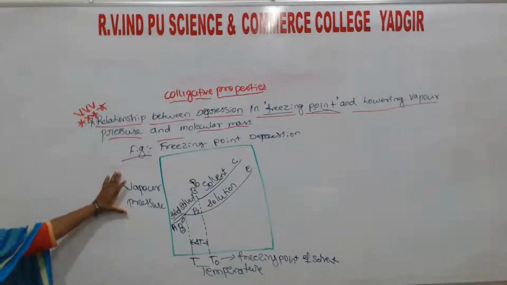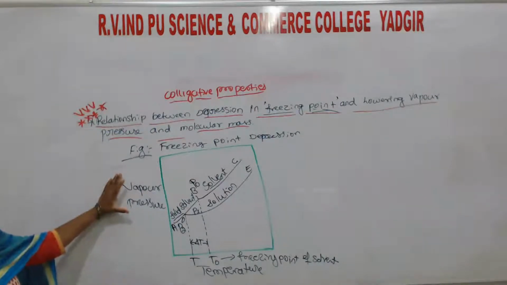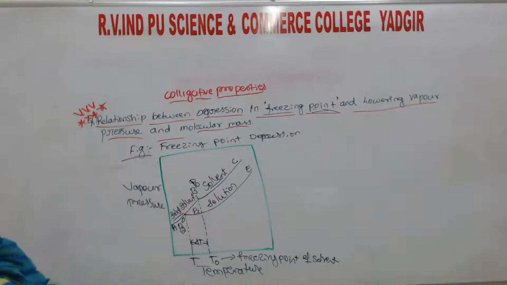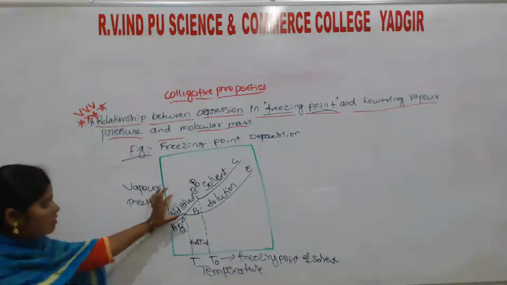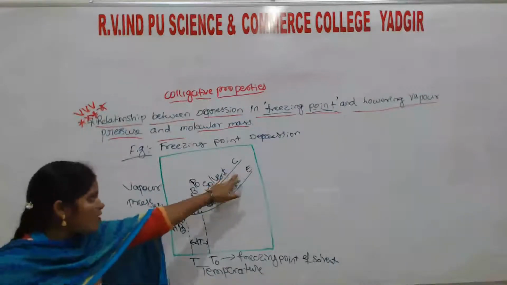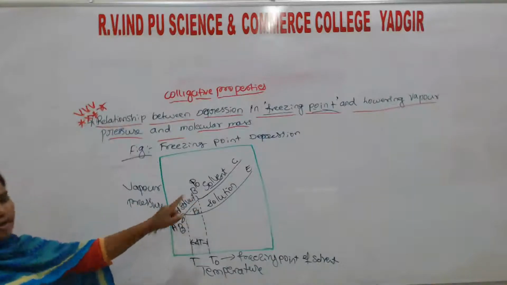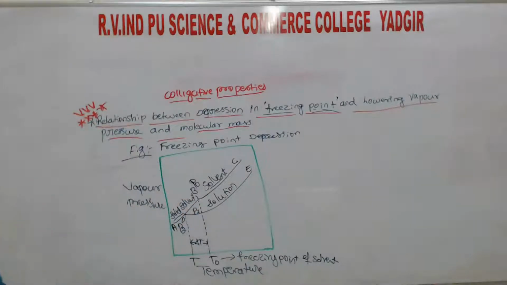The vapor pressure of the solvent in the solid and liquid states: these two curves meet at point B, and here the corresponding temperature is T0.